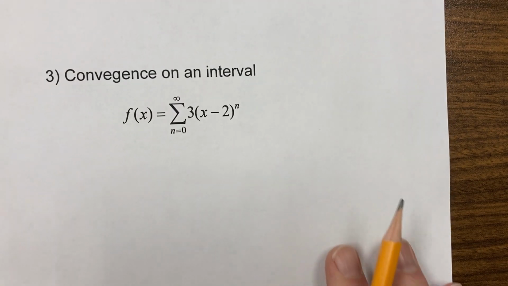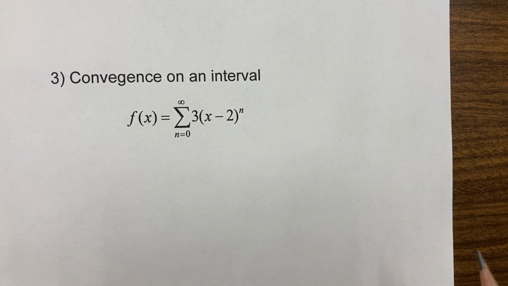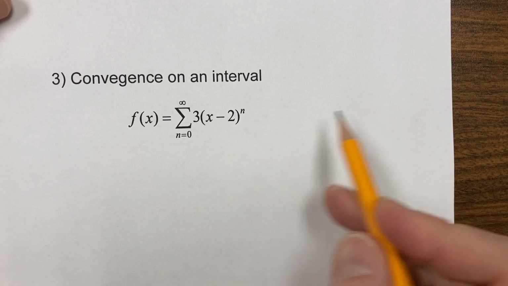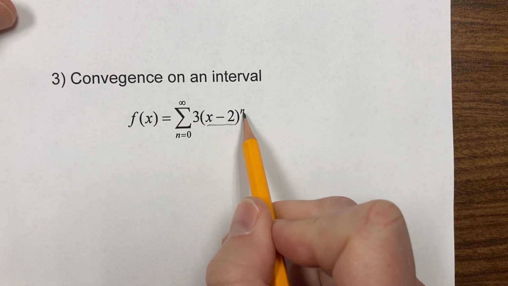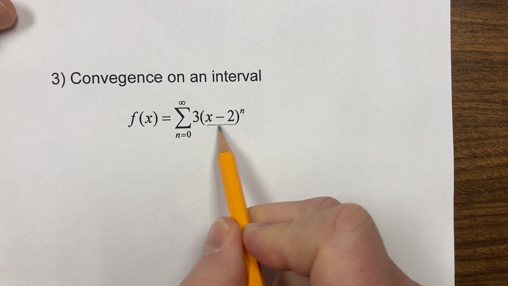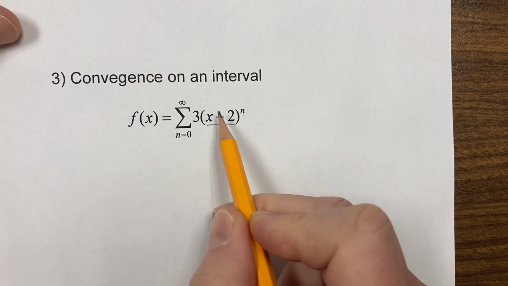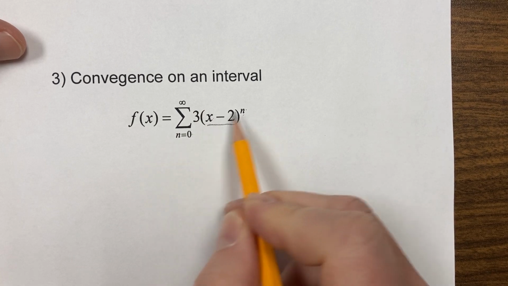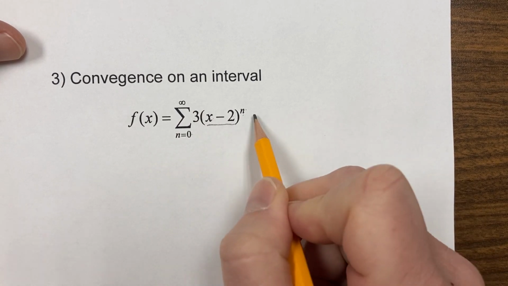But then we get something like this, and here's a power series that could definitely be something for us. In terms of a series, this is x minus 2 to the nth power. That means what you're multiplying by over and over and over again is x minus 2. If you were to put 0 in, what does this actually look like?